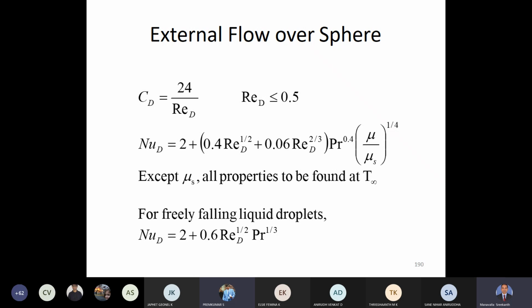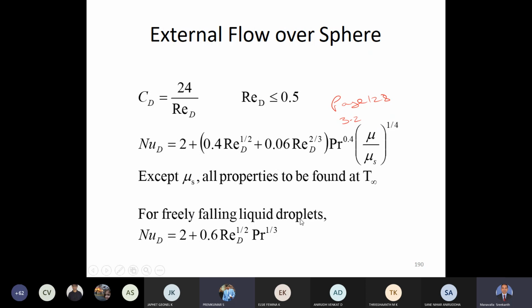Now, where do we find this equation? Flow over spheres is on page number 128, equation set 3.2. For large property variations, gases and liquids, you can use this particular equation.